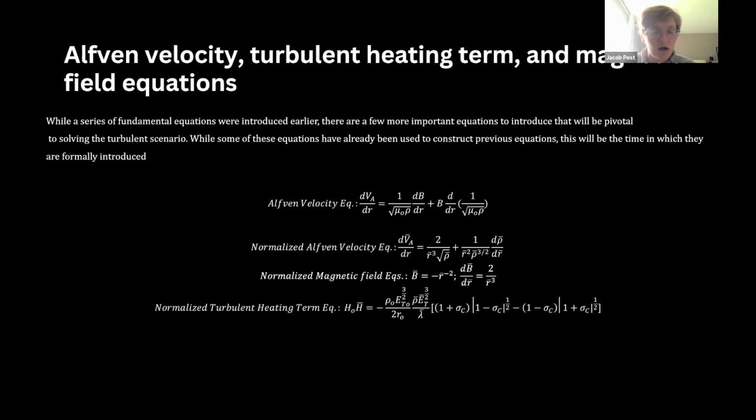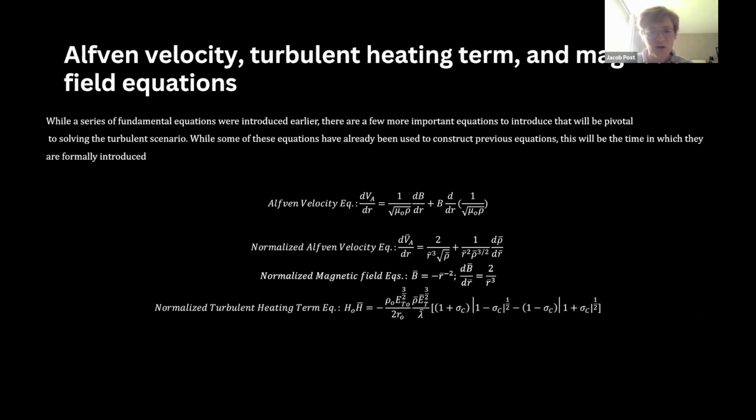And so moving on to our more complex scenario, I have to introduce a few more equations that will be required to find the most accurate answer to the turbulent pressure scenario. While they weren't included in the fundamental equations list, they are still pivotal towards finding the answer.